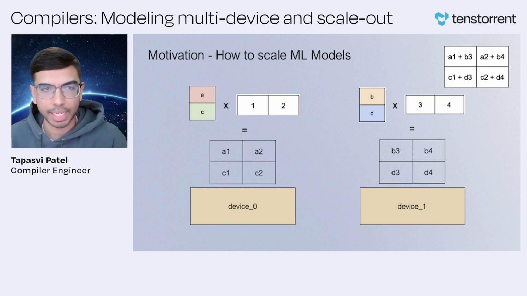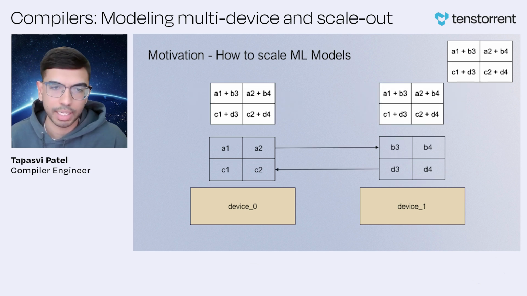Once we do the matrix multiplication on this, we see that we get these resultant tensors produced on both these devices. Now, this is not as trivial as it was in the last example, but you can see that over here A1 should get added with B3, which is this element over here. A2 should get added with B4, and so on and so forth. So effectively, we've produced partial results, partial sums, and we need a way to add or sum both of these partial sums together.